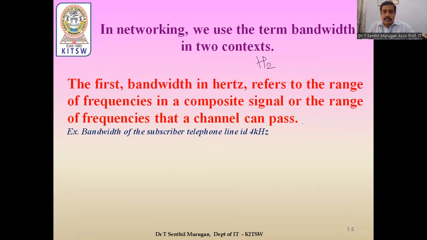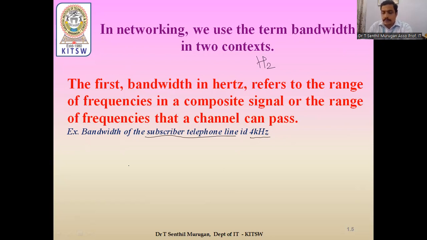So for example, a subscriber telephone line has a bandwidth of 4 kilohertz. That means 4000 hertz, the frequency range of the signal.